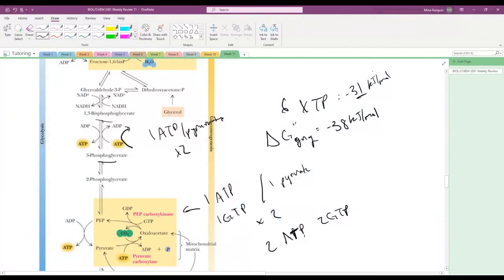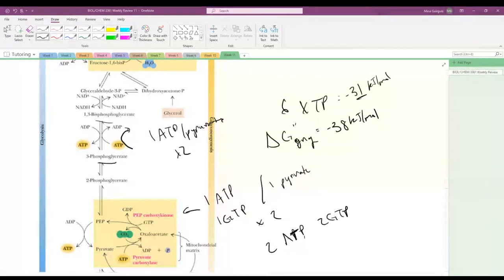I use them kind of interchangeably, if you guys didn't notice from earlier. This is the reason that gluconeogenesis can work even though we're getting ATP out of glycolysis. And like we said earlier, the reverse of glycolysis would just consume 2 ATP and it would be endergonic. It wouldn't want to work. Okay.